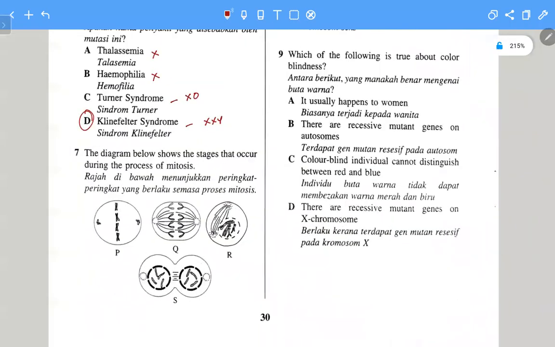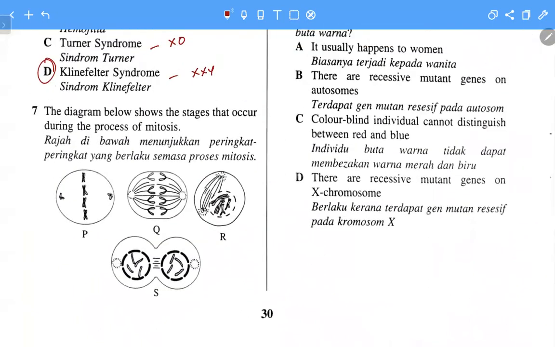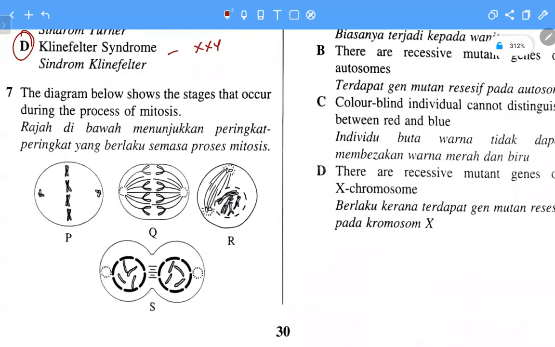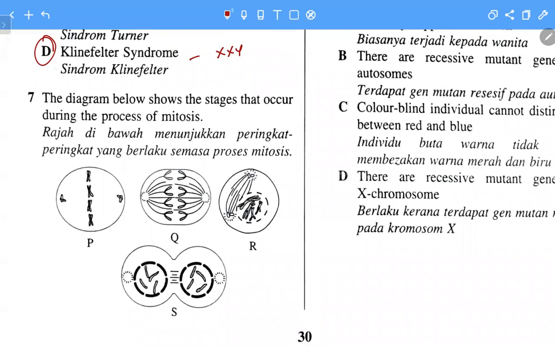Okay, all right, next, 7, the diagram below shows the stages that occur during the process of mitosis, all right? So we have P, Q, R, and S. So remember, I told you how to see, right? Very easy one, okay? When you see the nuclear membrane disintegrate, that's the start of mitosis. Again, what is mitosis?